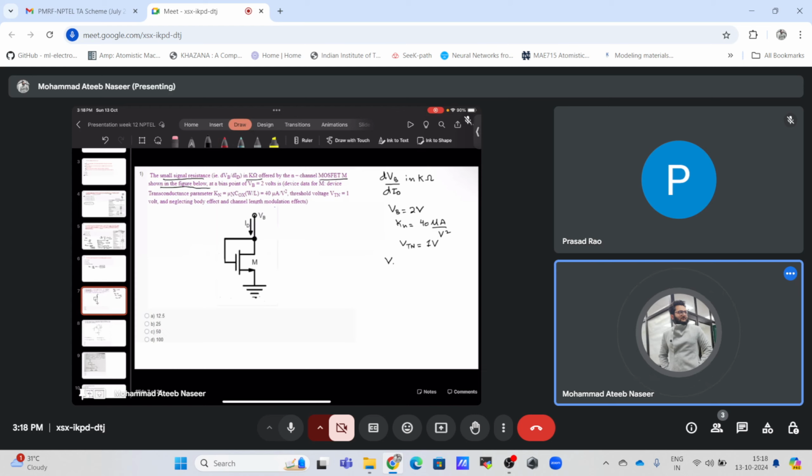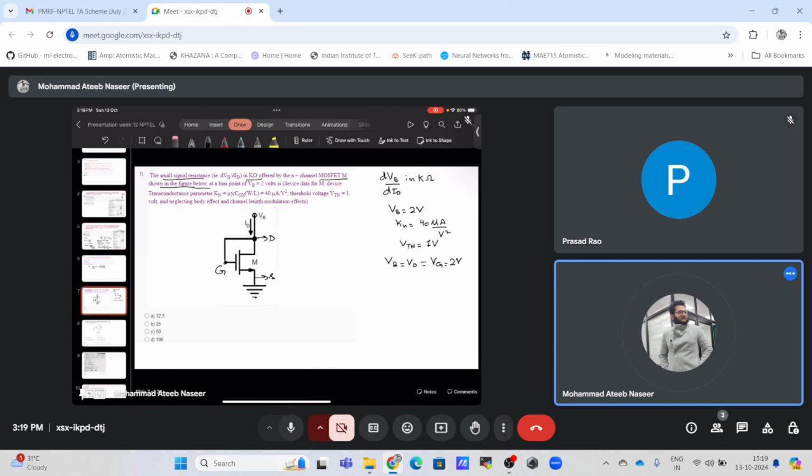So from this, Vb is simply Vd. This is the drain, this is the gate also, and this is the source. The source is grounded, so Vb is Vd, which is also Vg, 2 volts.